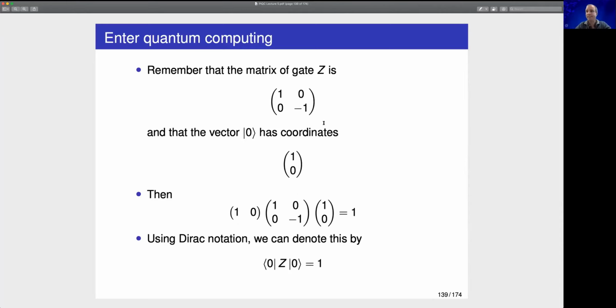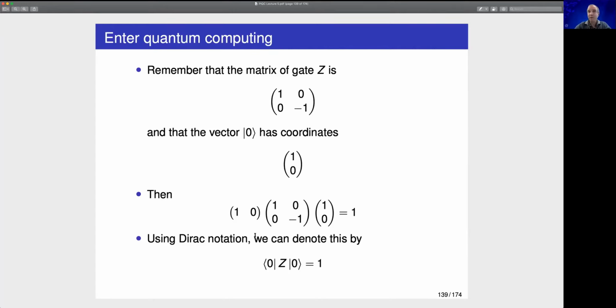So remember that the expression as a gate of the Z operator is this matrix here, okay? And that vector, or the qubit in state 0, can be represented by this column vector. Then if I compute this multiplication here, matrix times this column vector, and then times this row vector, it is easy to see that I obtain 1, okay?